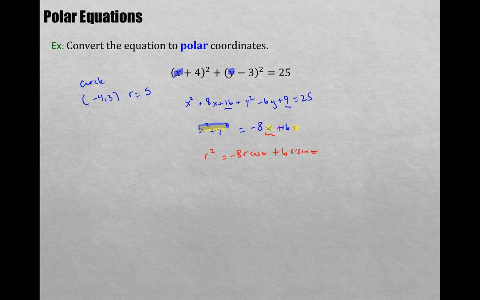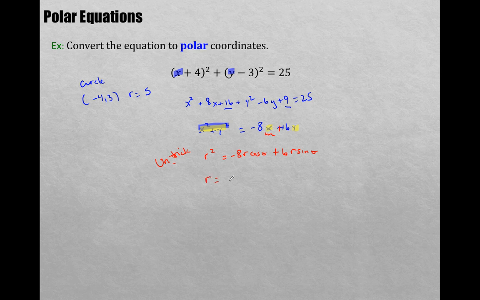You could leave it like this, but remember, I want you to untrick this. Do you remember the trick when we were going the other way where we needed an r? I want you to get rid of the r. Divide through by r, because if r equals 0, it will make this equation true. But I don't want r squared by itself, I want r.